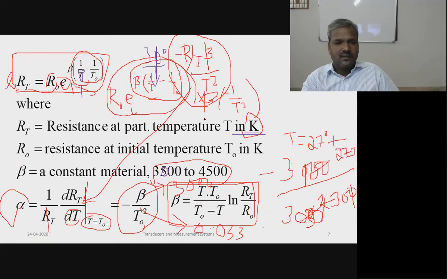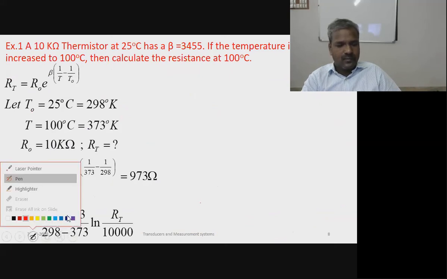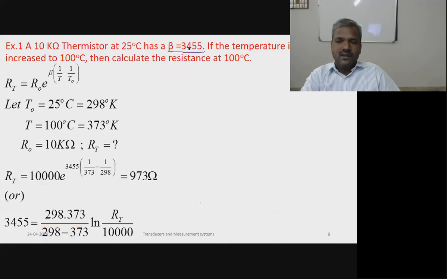You see the problem here. A 10K thermistor at 25 degrees Celsius has a beta value of 3455. If the temperature is increased to 100 degrees Celsius, calculate the resistance at 100 degrees Celsius.